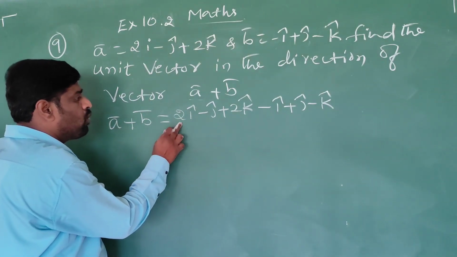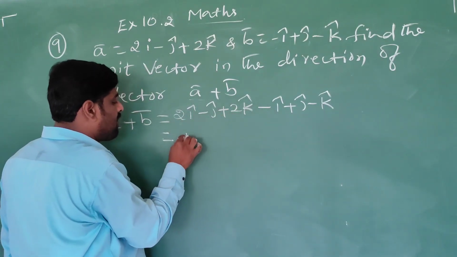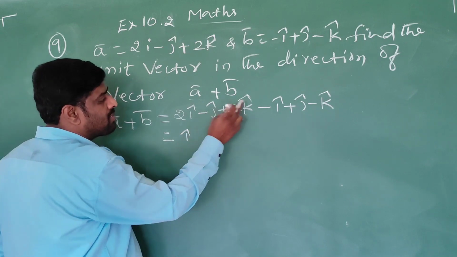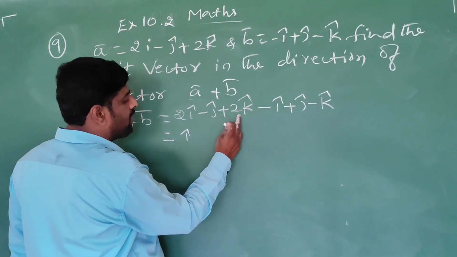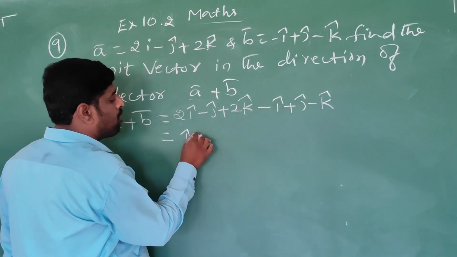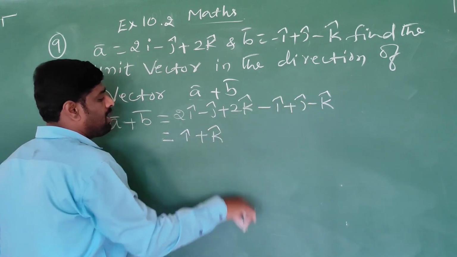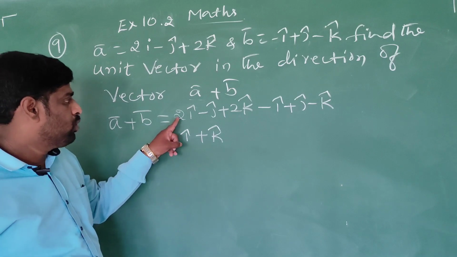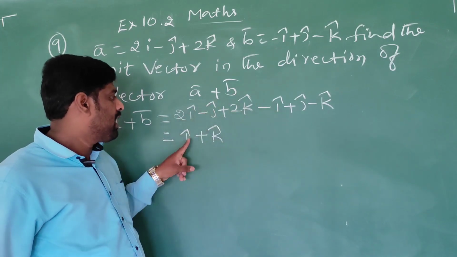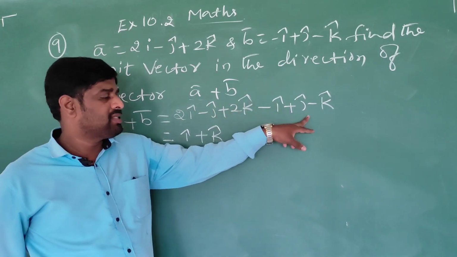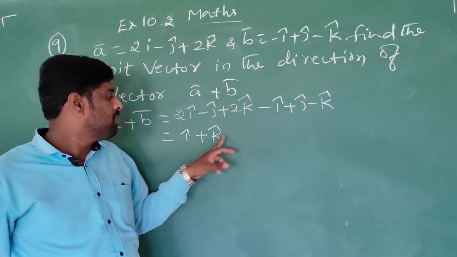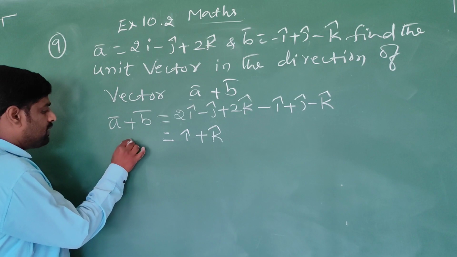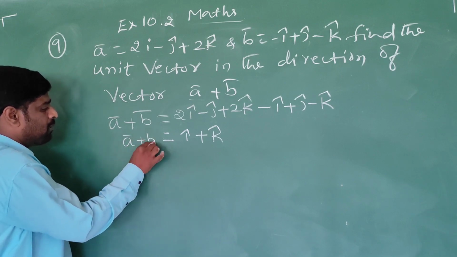That is 2i minus i is i cap, minus j plus j cancels, 2k minus k is plus k cap. This is a bar plus b bar.